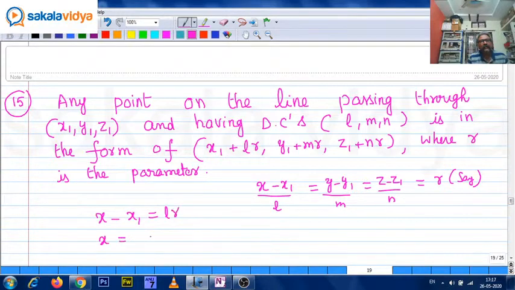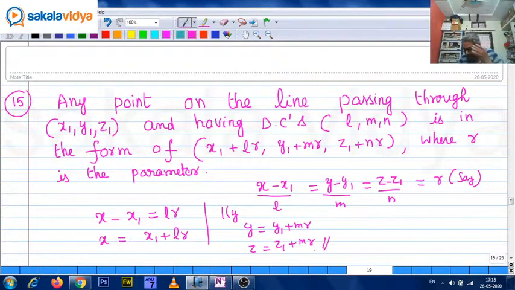So we can write x is equal to x1 plus LR. Similarly, y is equal to y1 plus MR, and z is equal to z1 plus NR. That's all. Understood now? Okay.